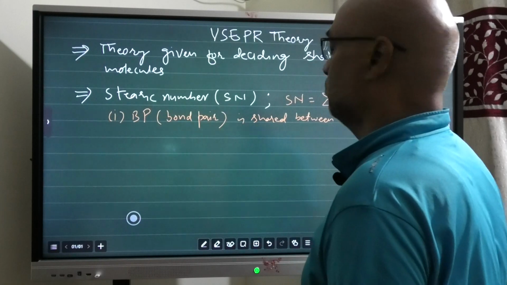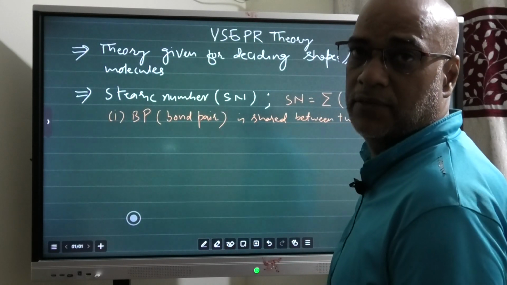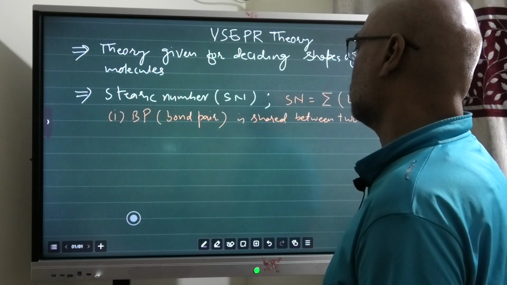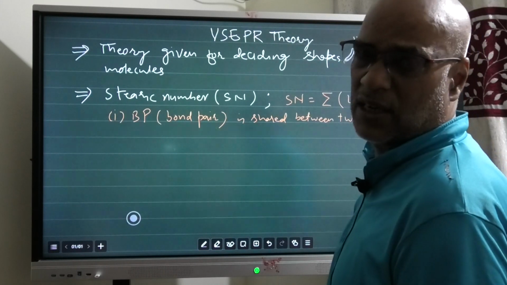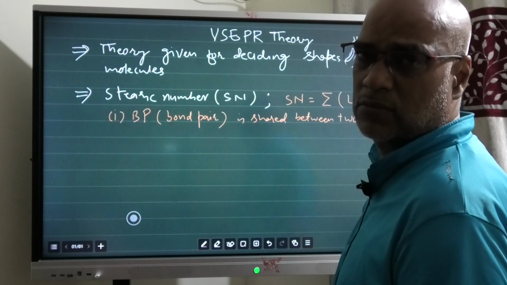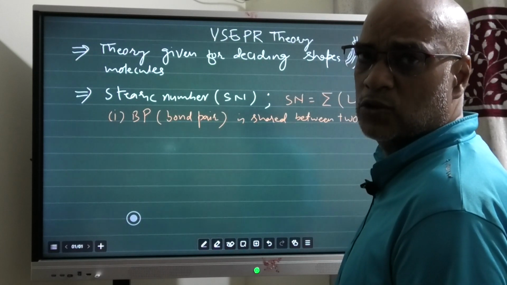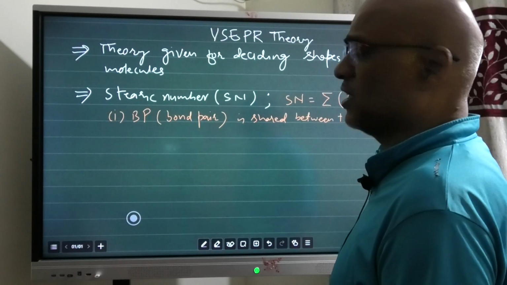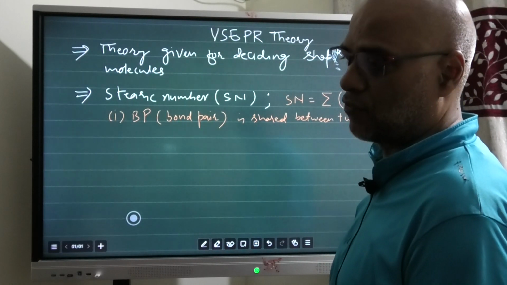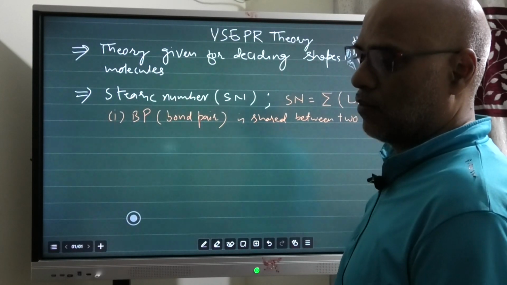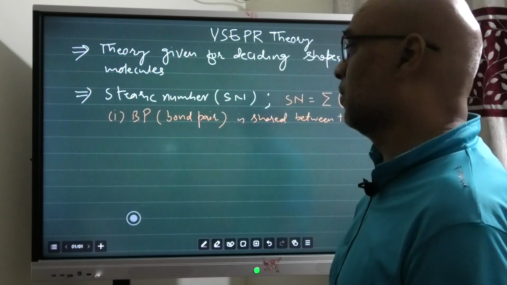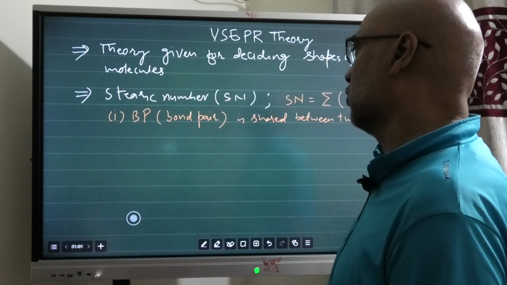Bond pair, BP, is shared between two atoms. Got it? So basically one electron from each atom is sharing. Pair means two electrons. So one from each becomes two, that becomes a pair. So we call it bond pair.